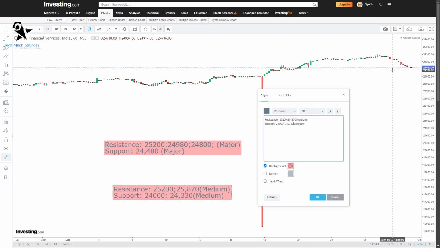24,330, right? So again, we have to see the market if it is gap down or gap up, whatever it is. This will depend. And then we have to decide whether we have to go for the call or the put, right? And if you're on the buying side, then of course, because Nifty Fin Services has a low lot size, we have to go for say 20 points at the maximum.